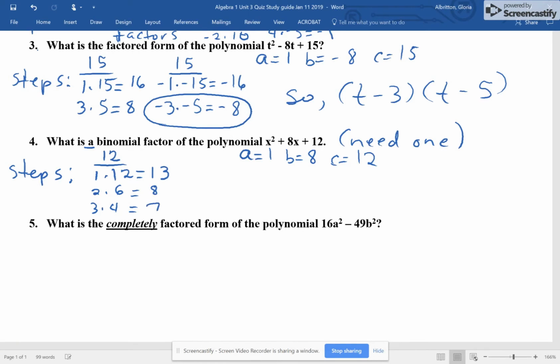Here's 8. That's 7. So this is the pair we want. So it looks like our answer is going to be x plus 2 times x plus 6. All right.